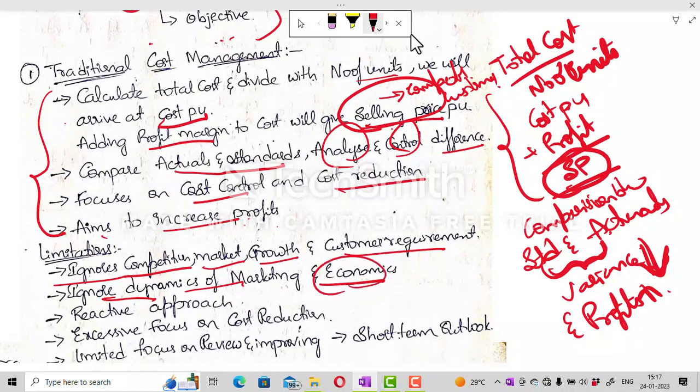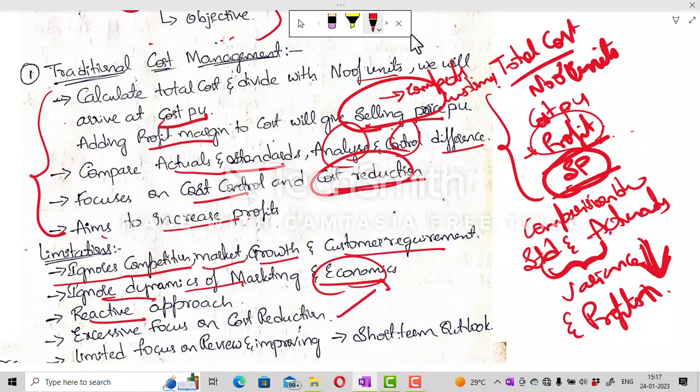And it is a reactive approach, meaning we try to reduce the variances after we have seen the profits or losses. After arriving at the results, we try to reduce them rather than being proactive and adopting new policies in order to gain profits and customer satisfaction. We are following a reactive approach, and our main focus is on cost reduction.